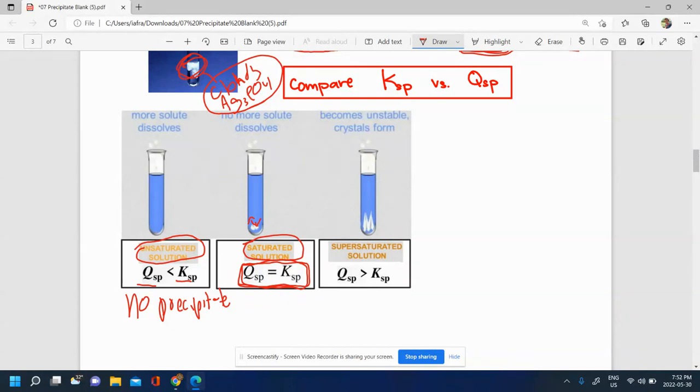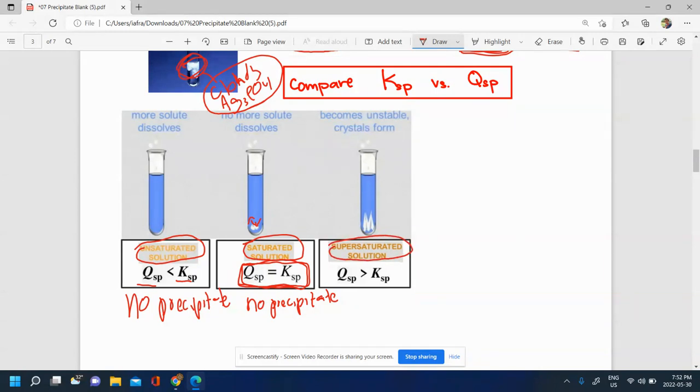It's when QSP is equal to KSP, and no precipitate will form at this point because you're perfectly happy and satisfied. You can't fit any more in, but you don't have more than you need. Now, the case where you have a QSP that's larger than KSP is where your solution is supersaturated.